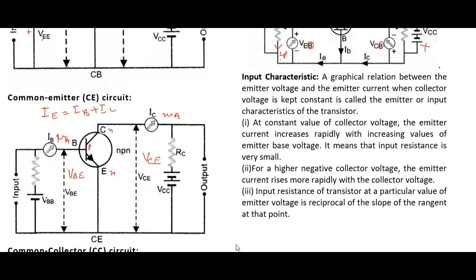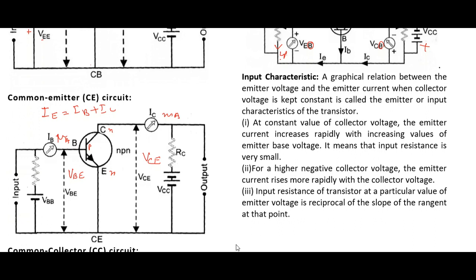So again, the basic logics are quite clear. Base emitter junction, or input, should always be forward biased. Terminals of input forward biased, output reverse biased. And then for the notation of input voltage, the common terminal will come in the end.